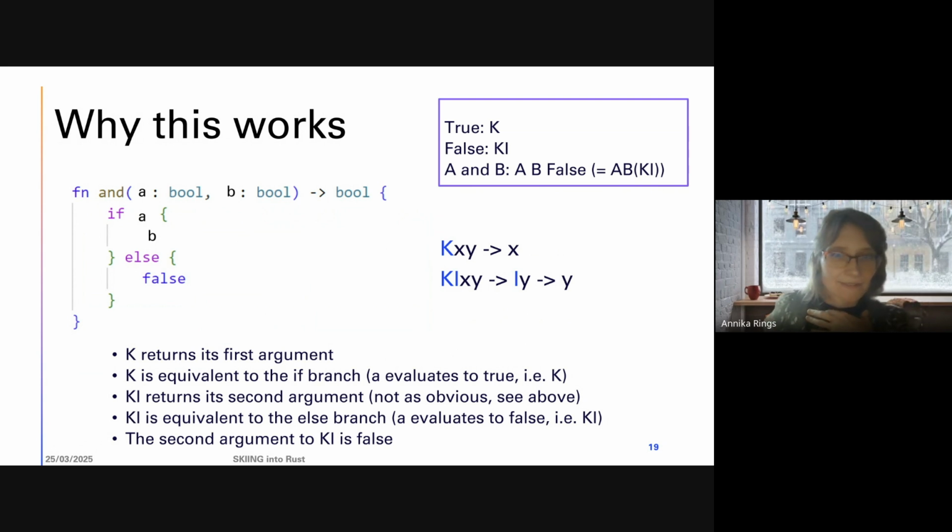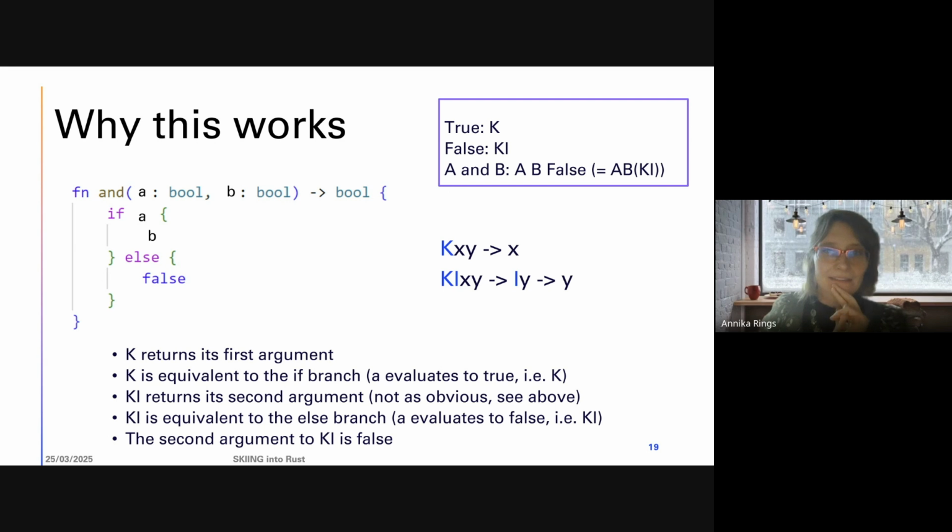On the other hand, if A is false, we represent it as KI. And this is equivalent to going in this else branch, because the else branch is what we execute if A is false. And KI returns the second argument. If you see KI as an entire combinator, then it returns the second of its two arguments. This is not quite as immediately obvious, but if you look at what it does here, so KI, you could also say KI takes one argument and always returns I, discards the argument.